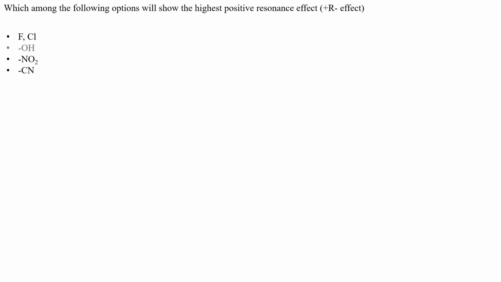So minus OH shows the highest positive resonance effect, following a particular order for the different species. This effect goes from OH showing the highest, followed by the CN group, then NO2, and at last fluorine and chlorine. So OH minus is showing the highest positive resonance effect.